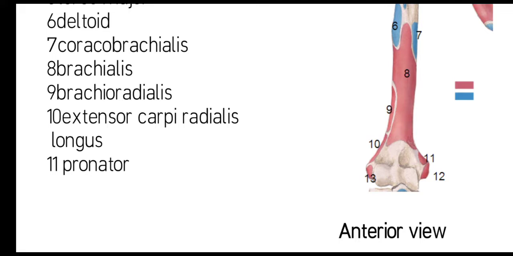So it runs along the radial bone, attaches with the carpals, and it is the longer muscle in this group. Remember, longus is the longer muscle, brevis is the smaller muscle. So there is an extensor carpi radialis longus, and there would be an extensor carpi radialis brevis. Same as this one, there is flexor carpi ulnaris also.